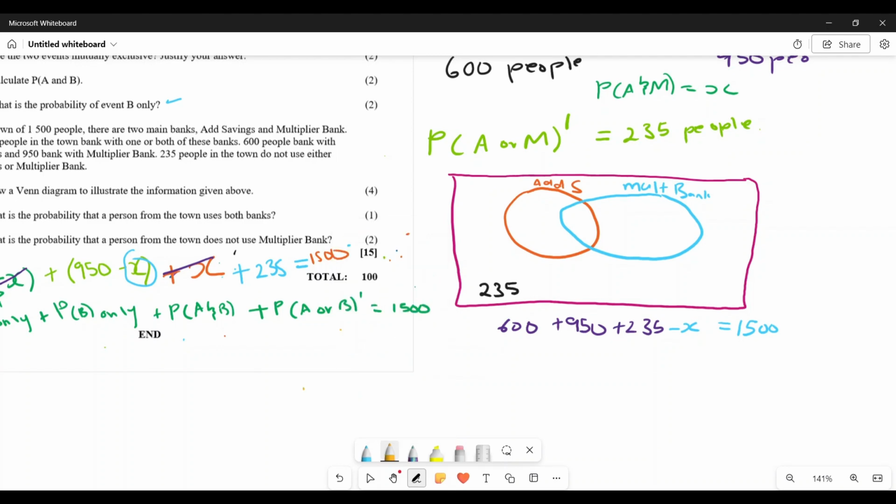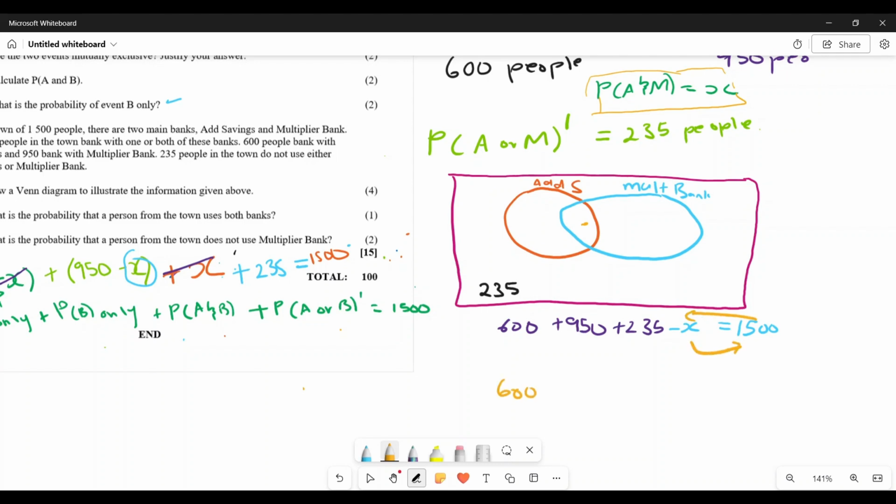And now solving for my x, which is the number of people banking with both banks, Multiplier Bank as well as Edge Savings Bank. I'm going to take the x to the other side, and I'm going to take the 1,500 to this side.